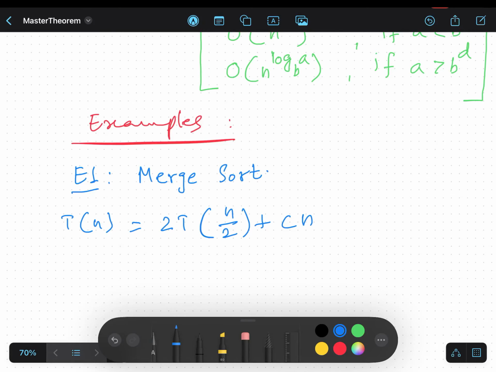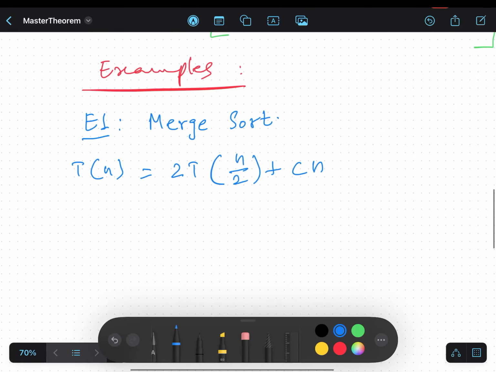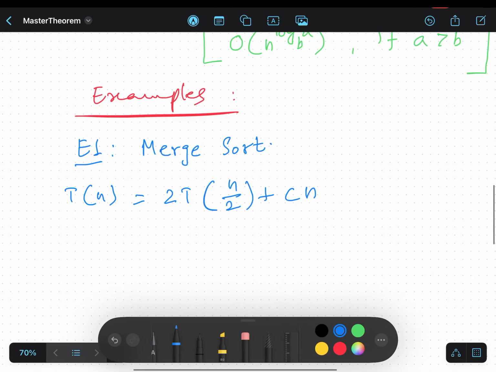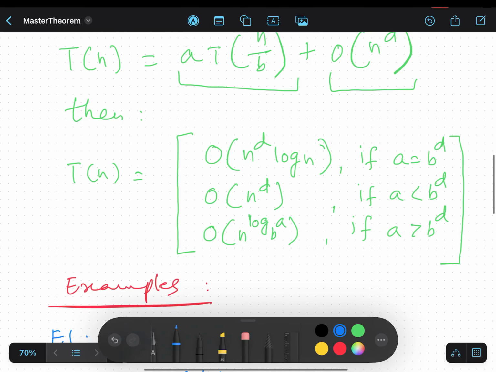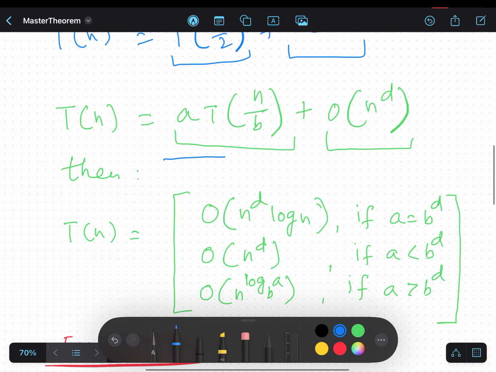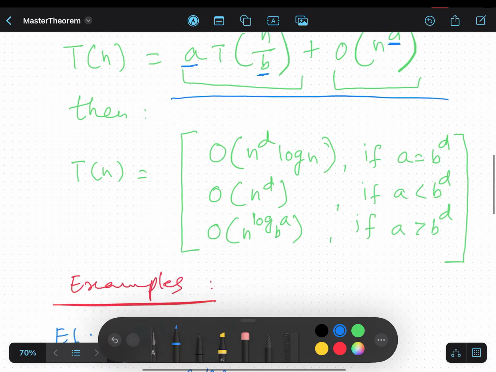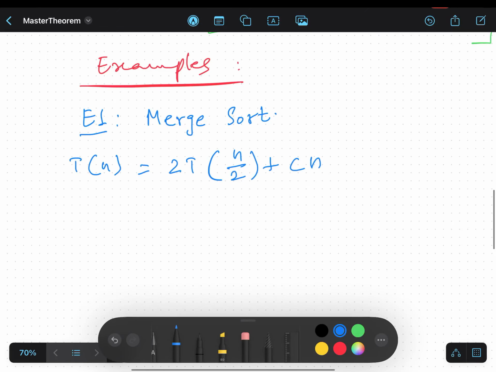Okay, this means if we look at the above form of recurrence, we will say a is equal to 2, b is equal to 2, and d is equal to 1.